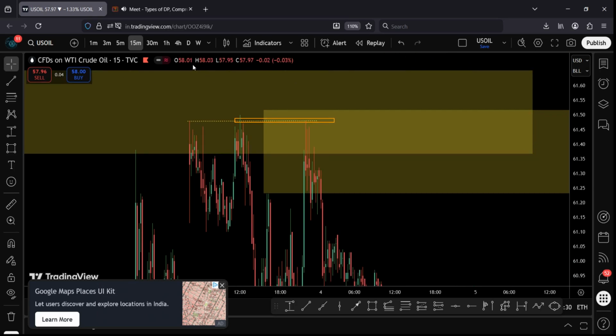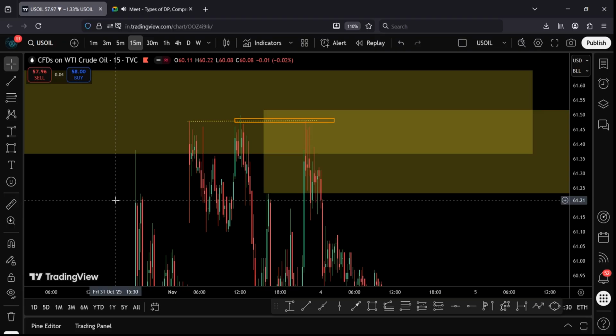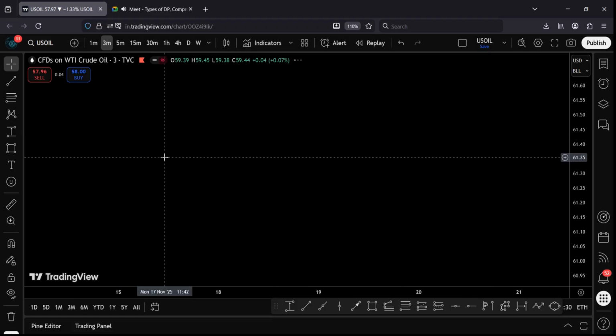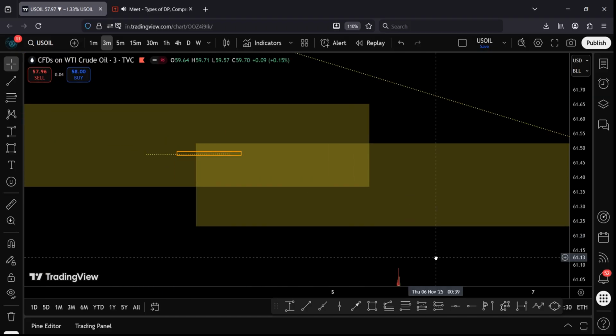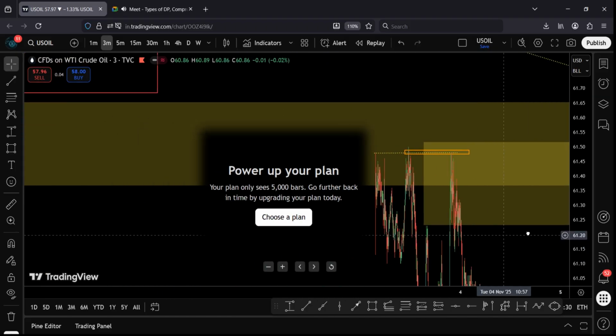We are on 15 minutes time frame. For scalping, 15 minutes is our higher time frame. So we need to go to the lower time frame like 3 minutes. Let's see if 3 minutes data is available or not. At 3 minutes, yes, we have. Look at.